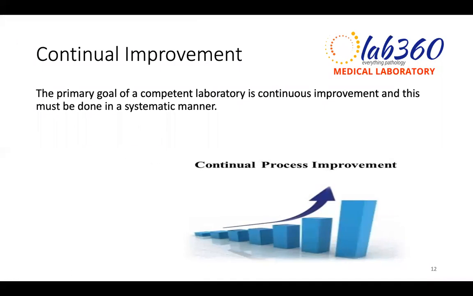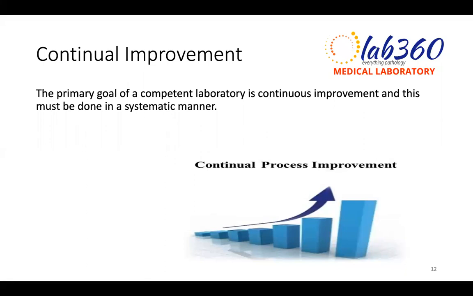Continual improvement. They say the room for improvement is one of the largest rooms in the world, and it's our primary responsibility as a competent laboratory to ensure that there are continuous improvement processes within our laboratory.